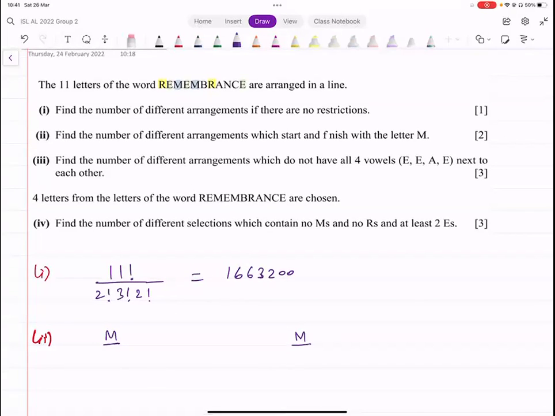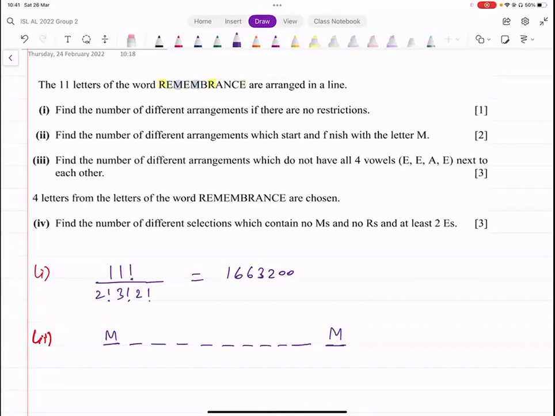How many letters are we left with in the middle? There are 9 letters in the middle. 1, 2, 3, 4, 5, 6, 7, 8, and 9. Okay? There are 9 letters in the middle.